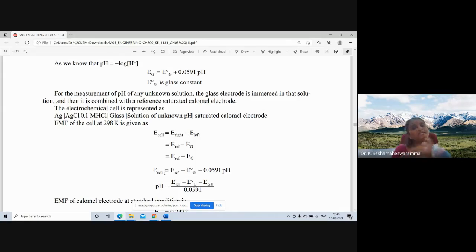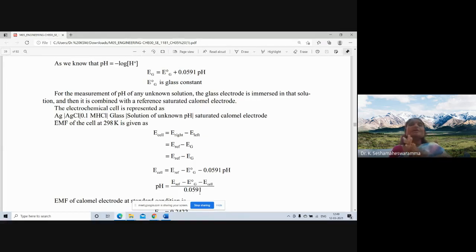Electrode potential of the cell is equal to electrode potential of reference electrode minus electrode potential of the glass electrode minus 0.0591 pH, because we are substituting here. pH is equal to electrode potential of reference electrode minus electrode potential of glass electrode minus electrode potential of cell, by 0.0591.